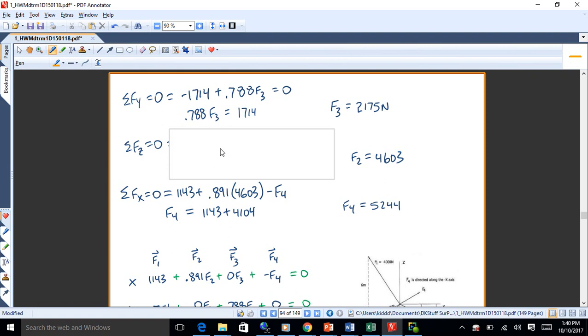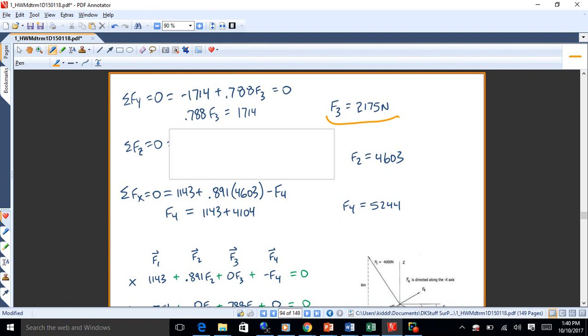So there are the equations. I did the y equation first, and I got the magnitude of F3. It's 2175. There we go. That's the magnitude of F3. I can plug that in everywhere I see an F3 in my equations then.